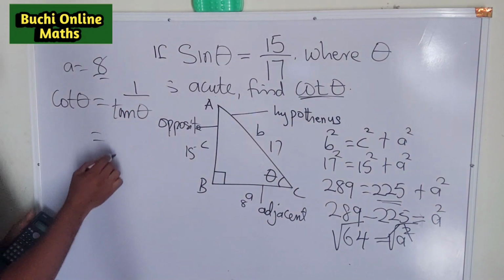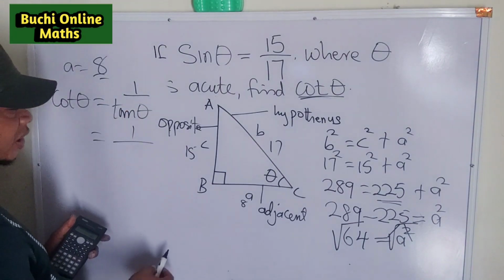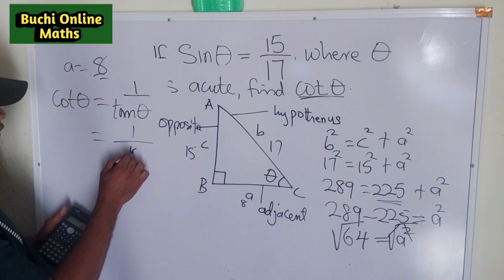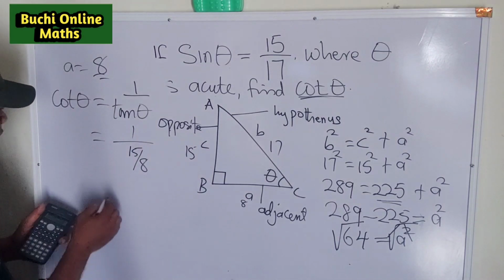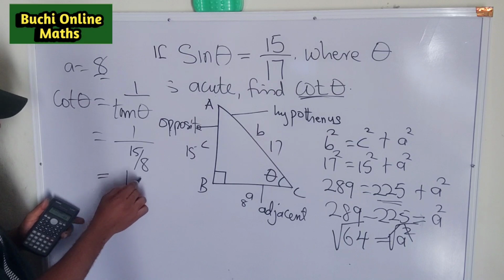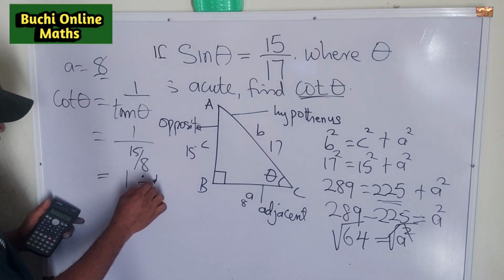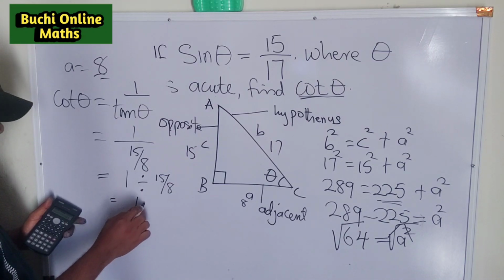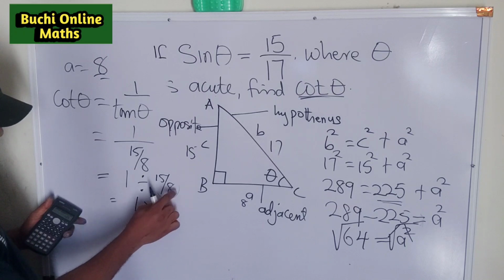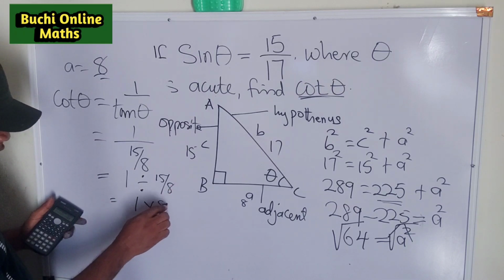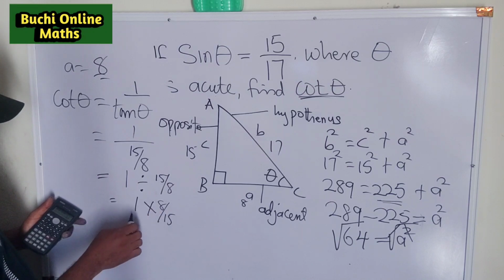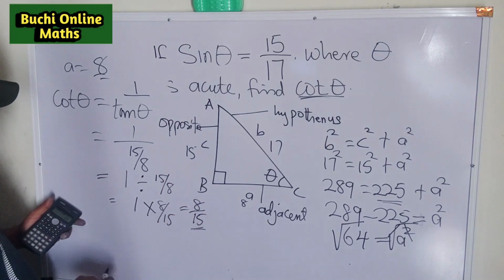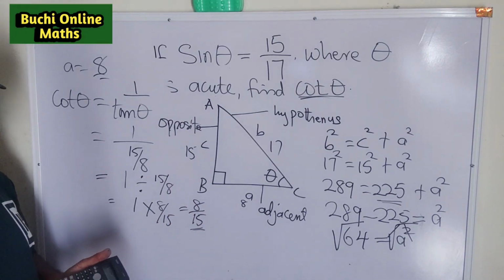So this is the same thing as saying 1 divided by 15 over 8. If you want to divide this, you take 1 times the inverse of 15 over 8, which is 8 over 15. So cot theta equals 8 over 15.